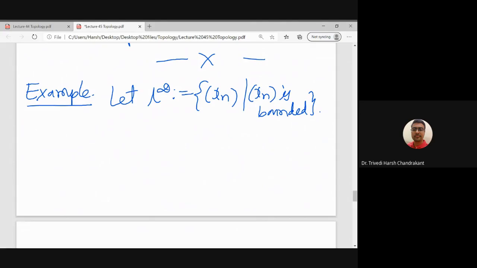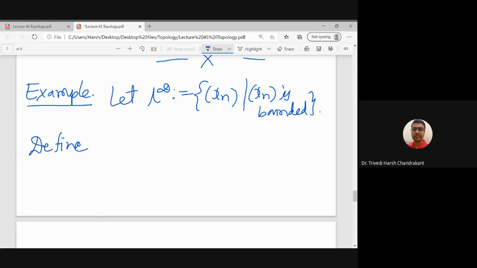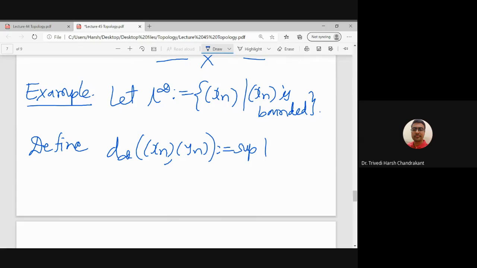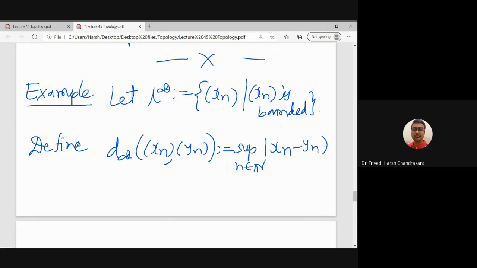That is the meaning of a bounded sequence. So this sequence space is a metric space with respect to this particular metric. This metric is nothing but the supremum of the distance of xn with yn. So this is the modulus.